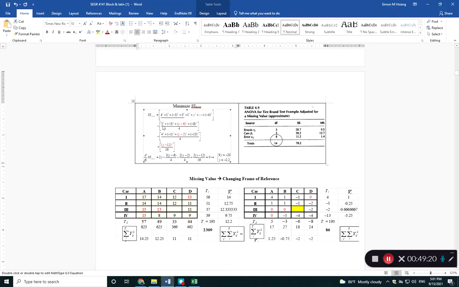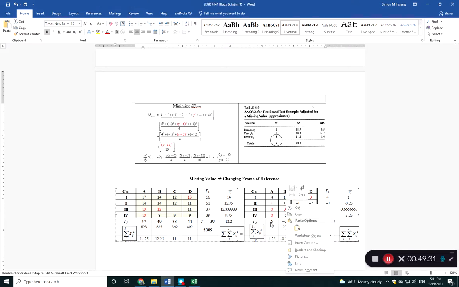And then here I will have the tire brand sum of square. Go back for one. Yeah, actually right here. You see the 5, -3, -6, -8. That is this part. Down below here, A, B, C, D, I have the average, right? That is the brand based on the 5, -3, -6, -8.